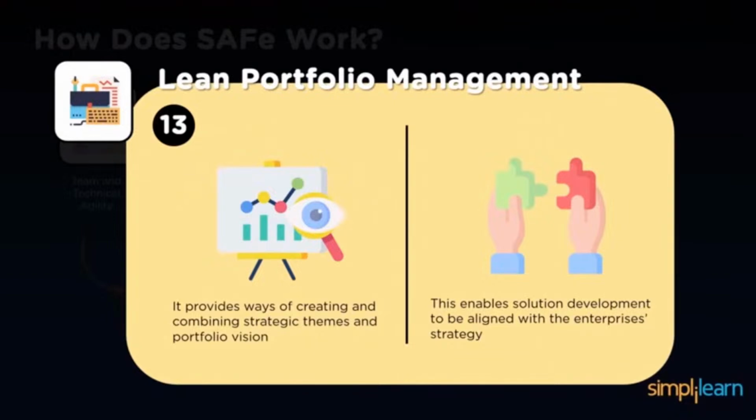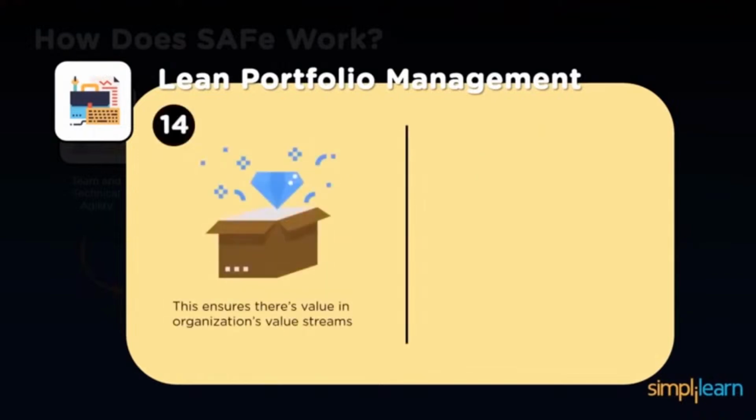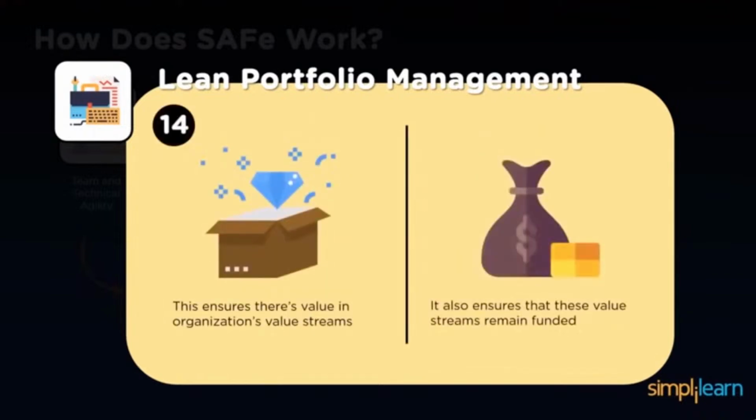So the customer should see the value, which is very important, and all contributions of waste have to be identified and eliminated. So this ensures there is value in the organization's value stream, which also ensures that these value streams remain funded. So funding plays a very important role.